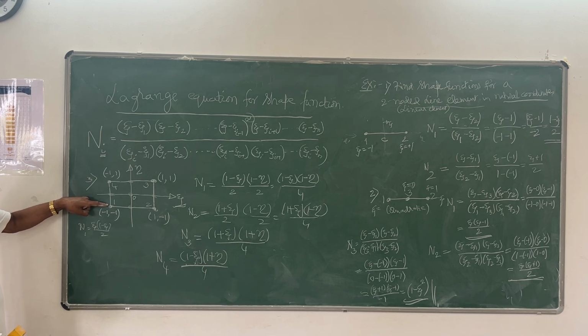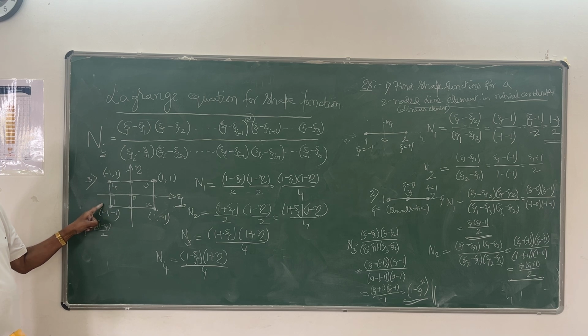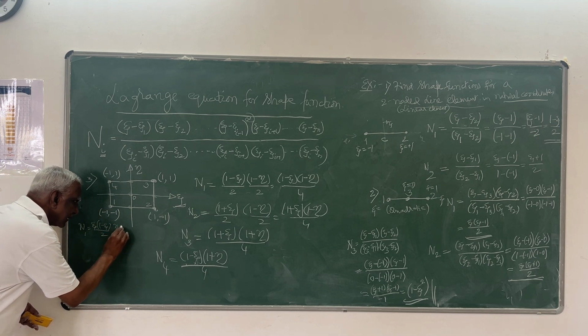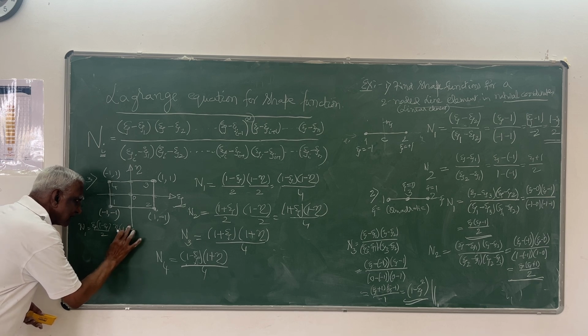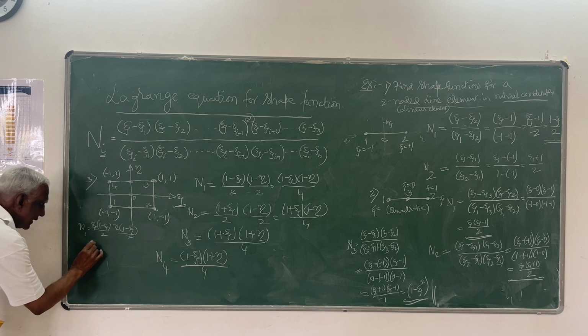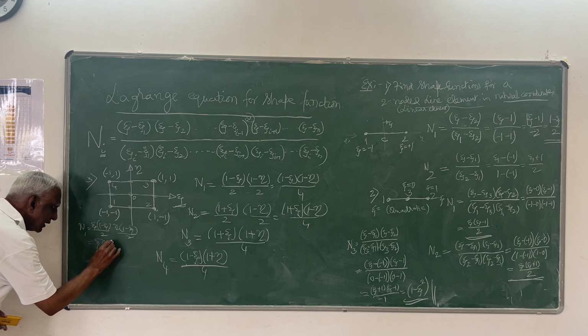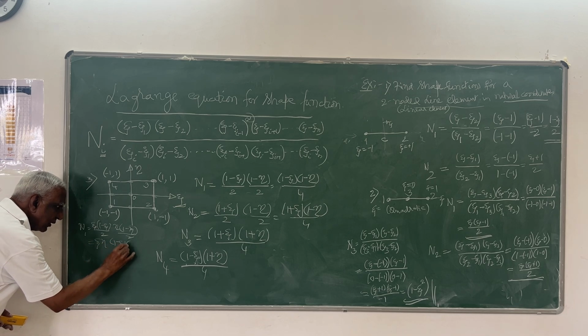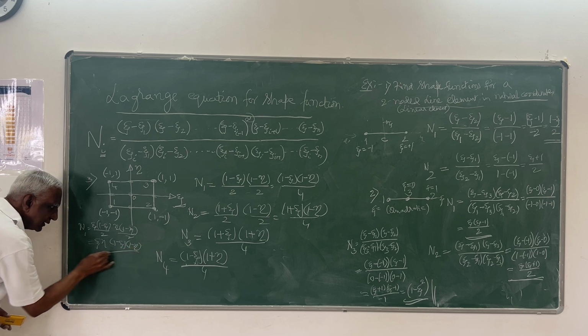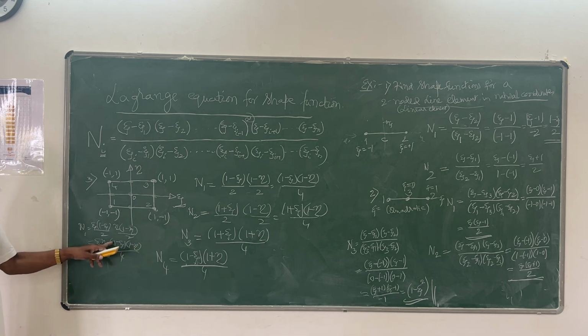Correct? Eta direction, first node only; ξ direction also, first node. So this will be η(1 minus η)/2. So this will be ξη(1 minus ξ)(1 minus η)/4.